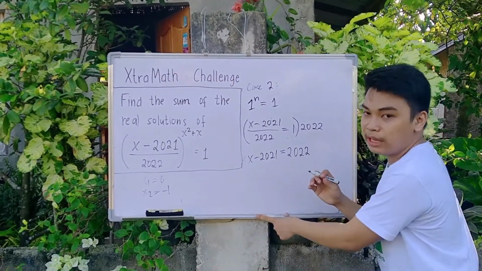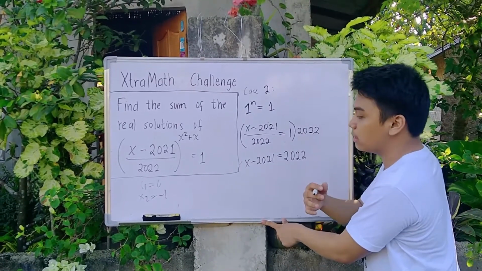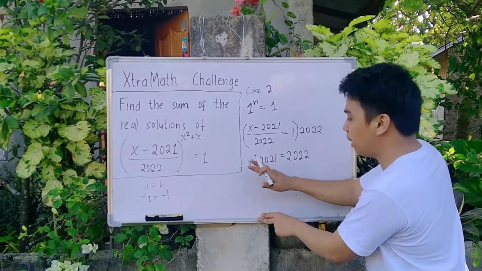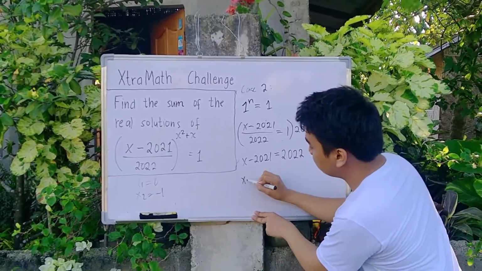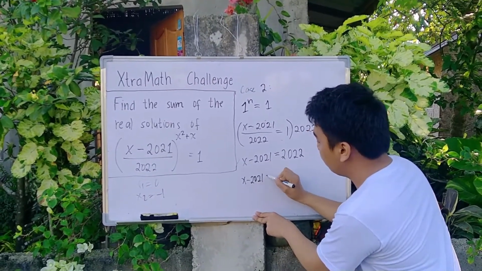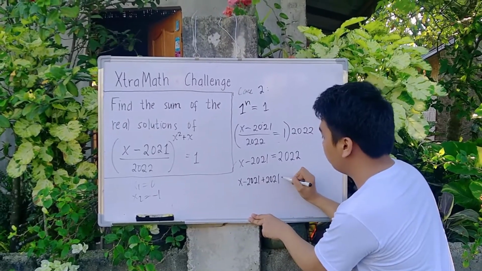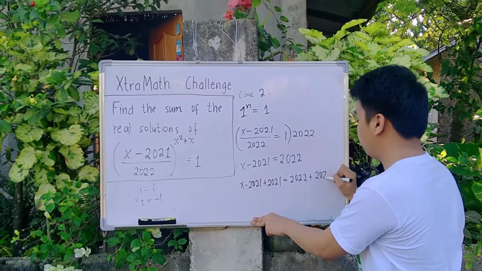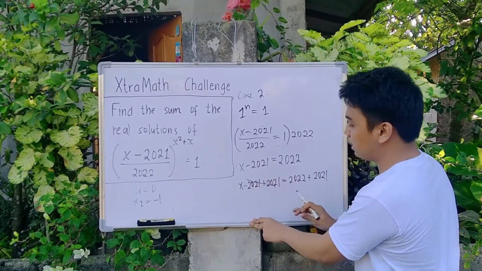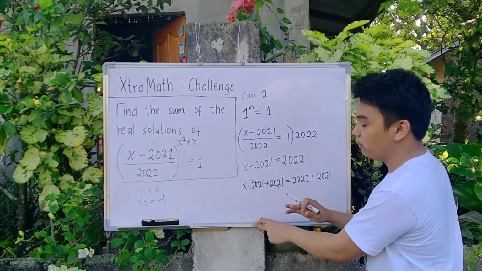And to get the value of x, we need to add both sides by 2021 para makancel na yung negative 2021. So we have x minus 2021 plus 2021 equals 2022 plus 2021. So cancel na to kasi negative and positive, 0 na yan.